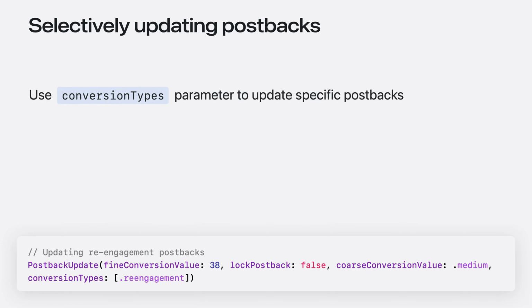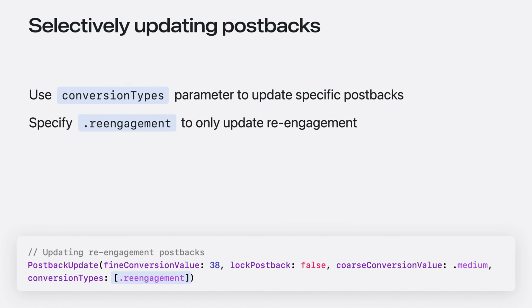Let's bring back the postback update struct we saw earlier. Use the conversion types parameter to control which postbacks get updated. For updating only the re-engagement postbacks, I use the re-engagement value for conversion types. For updating only the install postbacks, I use the install value for conversion types.